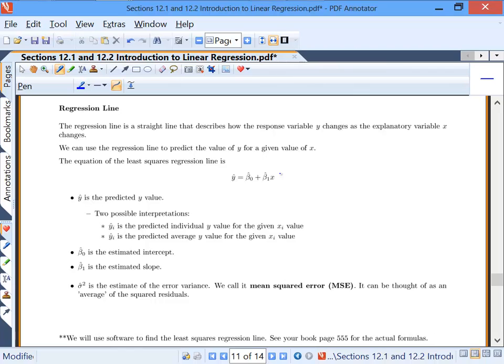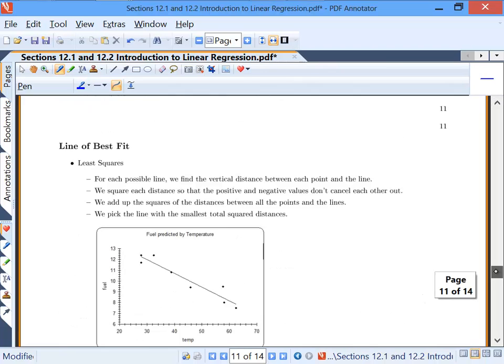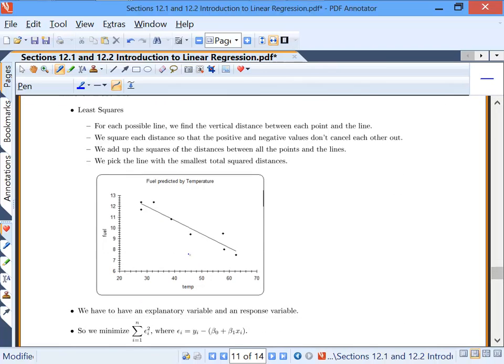Now there are two possible interpretations, and you'll see this as we go through some examples. But you could think of y hat as the predicted individual y value for your specific x value, or you could think of that as the predicted average y value for the given x value. So let's say we were looking at this data set still. Let's say we have a temperature of 50 degrees.